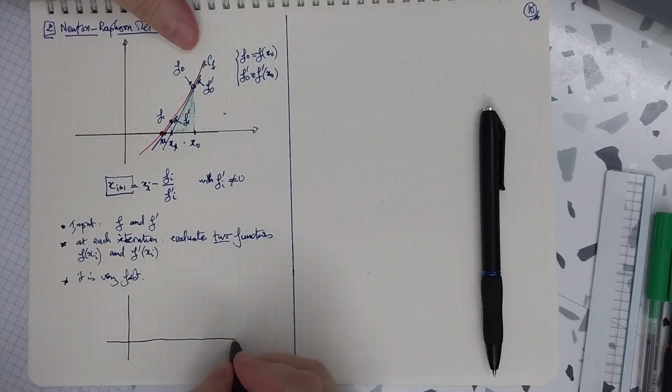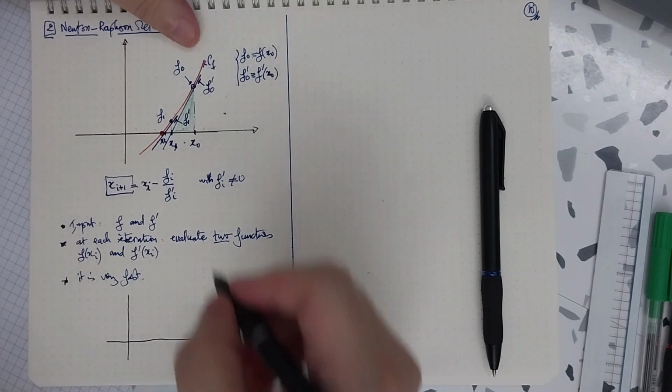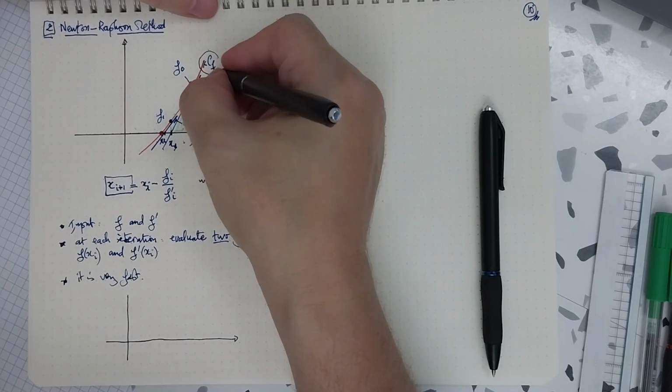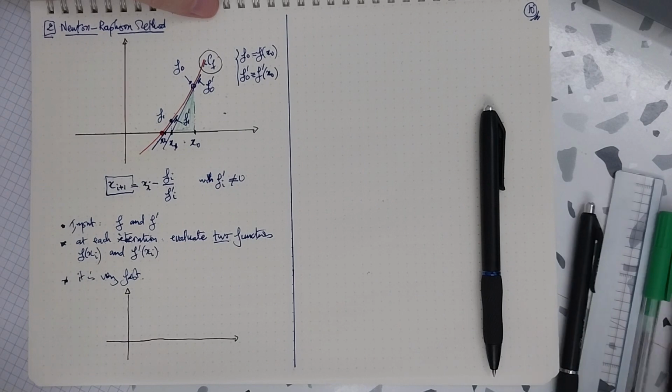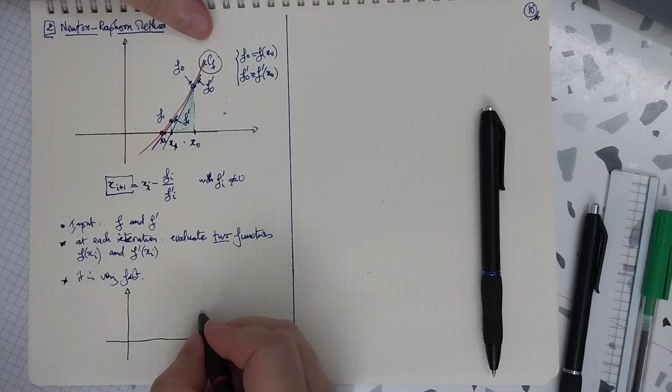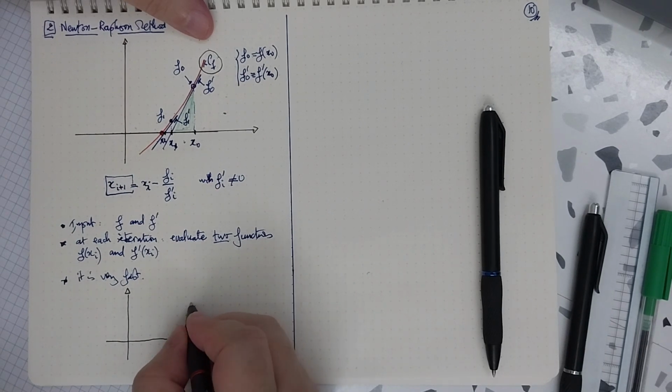It depends on the function, of course, on the curve of the function. So let's take an example that shows us how the method might diverge.